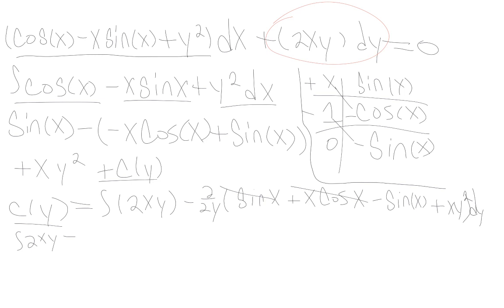And same thing with this minus sine x, it also goes away. But my partial with respect to y of xy squared, it stays. And that is x times partial with respect to y of y squared dy.